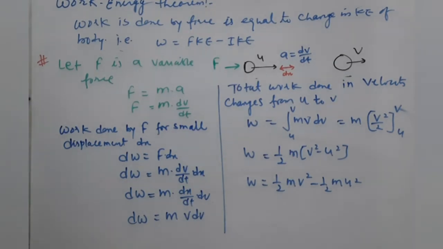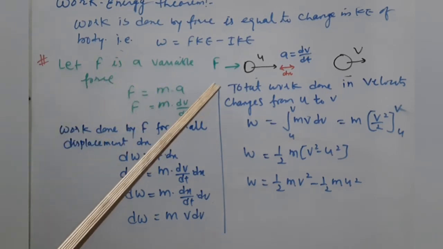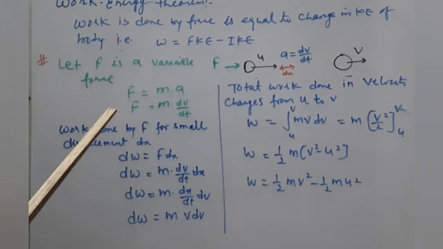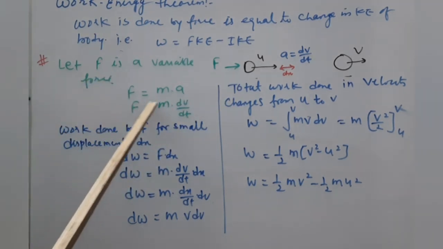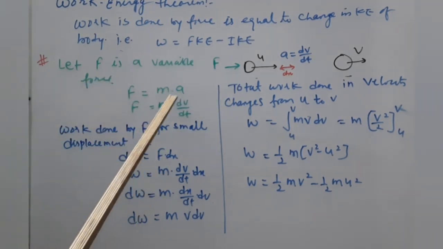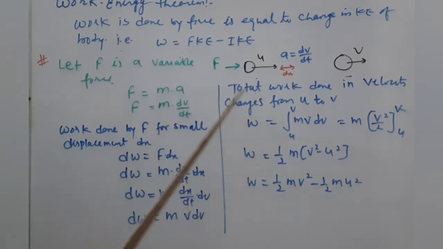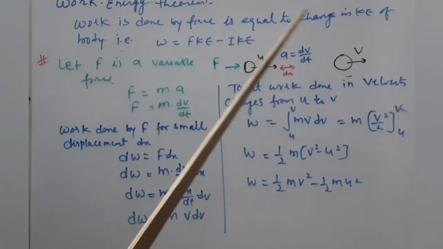Now we will write the work energy theorem for variable force. Suppose F is a variable force. So F is equal to ma, and a we can write as dv upon dt, where dv upon dt is instantaneous acceleration.